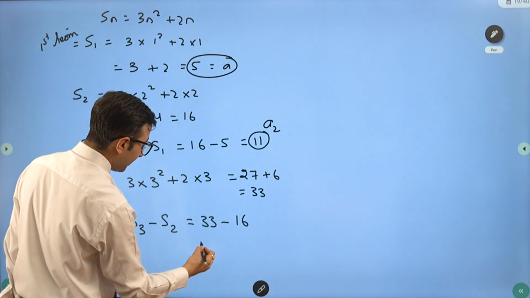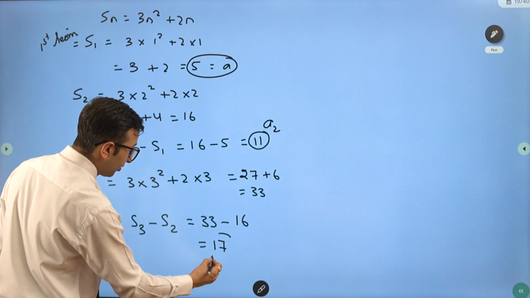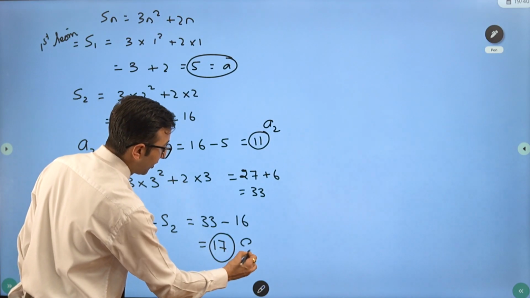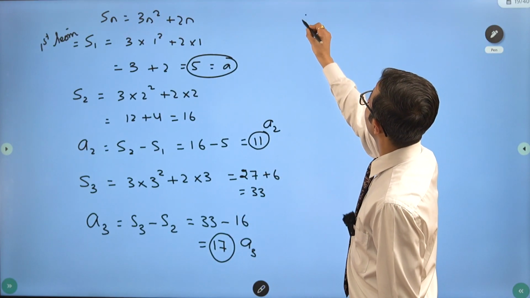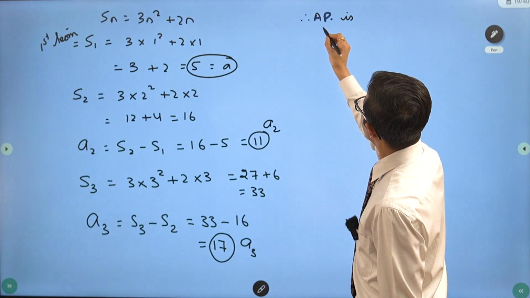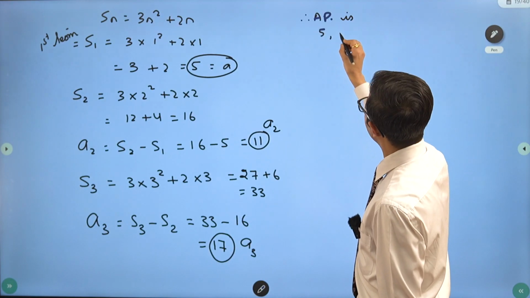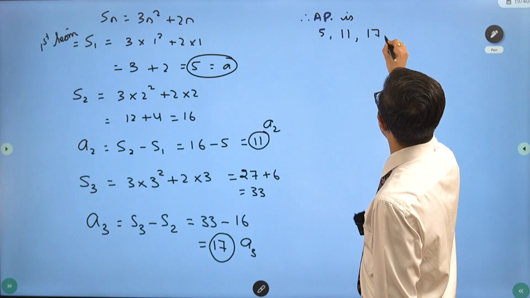S2 is 16, which will give us 17. So this is the third term. So once we obtain the first, second, and third terms, we can say that the AP is: first term is 5, second term is 11, and third term is 17, and so on.